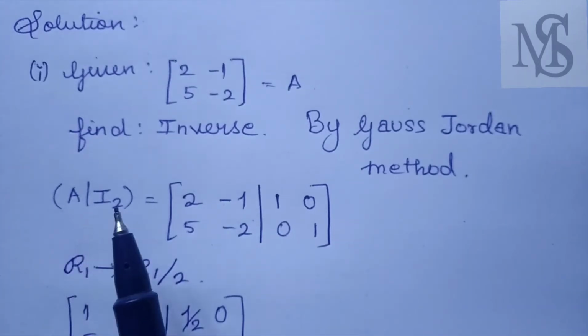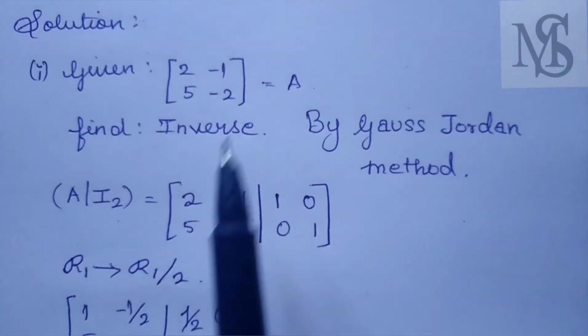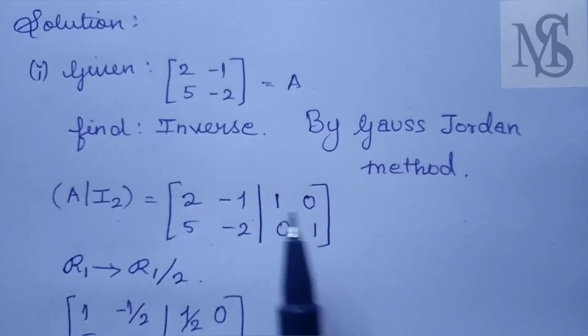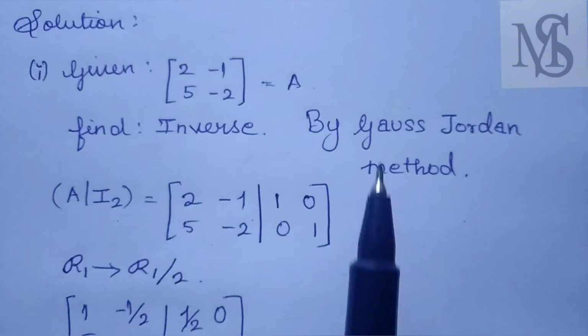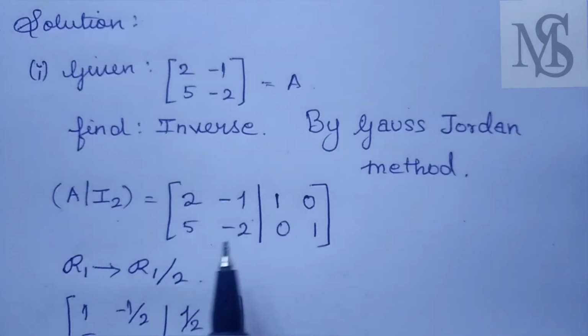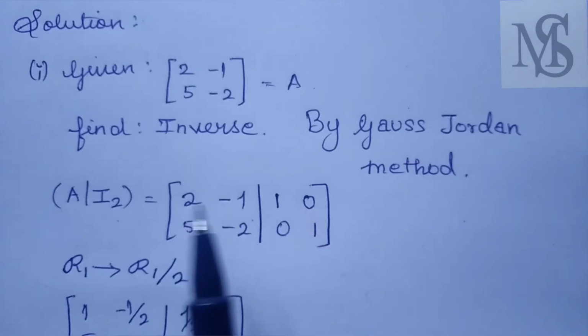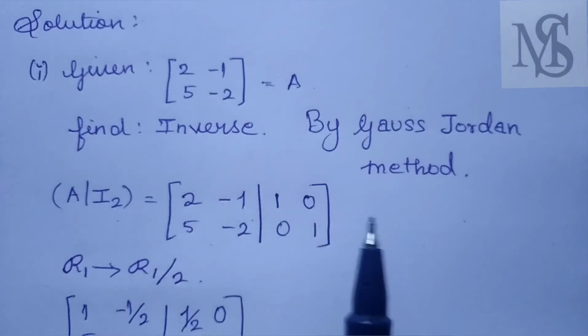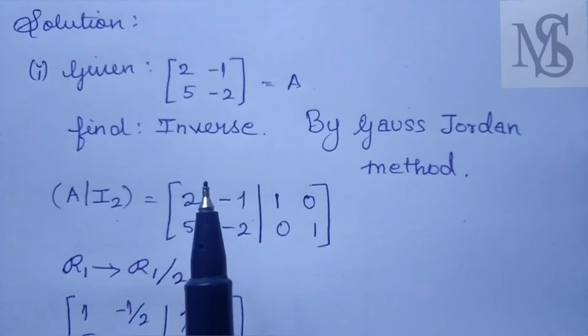A augment identity matrix, we are writing it as A matrix first and augment the identity, that is 1 0 0 and 1. In this method, we have to change this A matrix to identity. While changing, the identity will automatically change into another new matrix, that is known as A inverse.